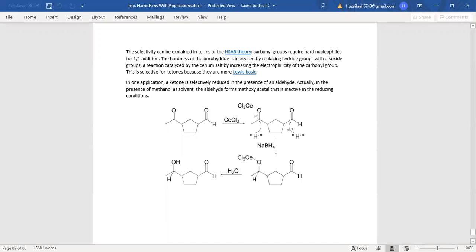This is selective for ketones because they are more Lewis basic. In one application, a ketone is selectively reduced in the presence of an aldehyde, actually in the presence of methanol as solvent. The aldehyde forms a methoxy acetal that is inactive in the reducing conditions.